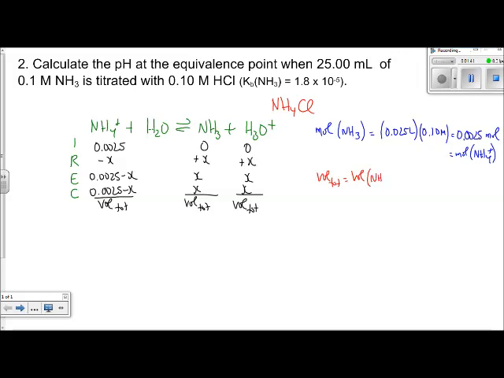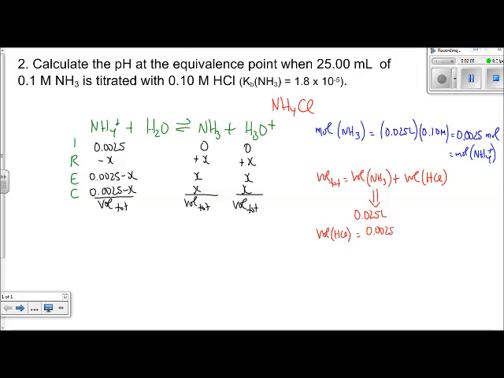It would be, remember, the sum of the volume of ammonia at the beginning and the volume of HCl that comes out of the burette. We know this value already to be 25 milliliters. The volume of HCl we can calculate because we know the number of moles of HCl we need. That's the number of moles of ammonia that we have, so 0.0025 moles.